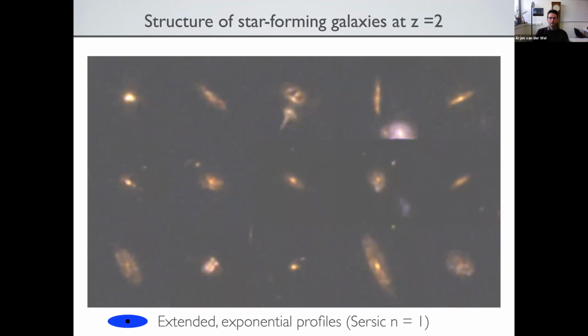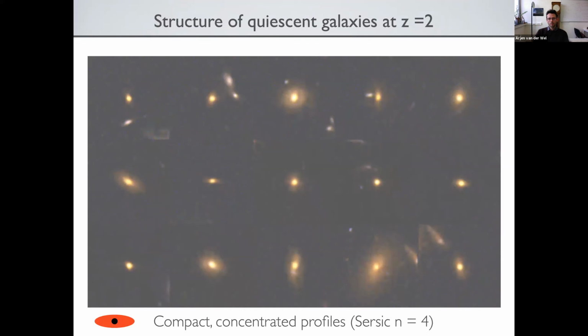Okay. So here again are these images of the redshift 2 star-forming galaxies that I've said are mostly disks. We also see that in the Sérsic index. These things have exponential light profiles, just like present-day disks, and they're quite large in extent, at least large in contrast with the quiescent galaxies at the same redshift.